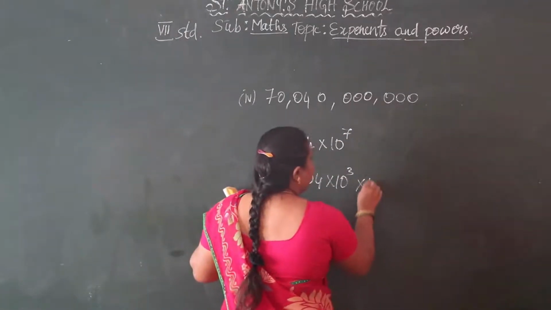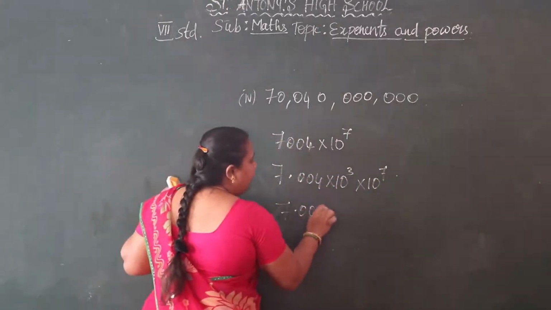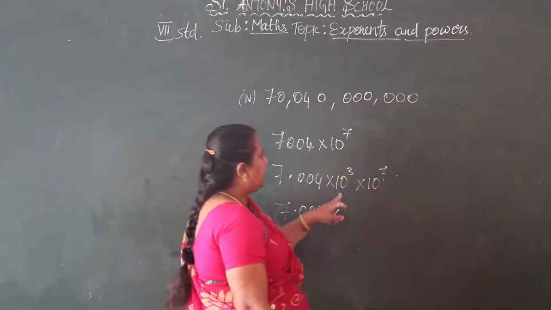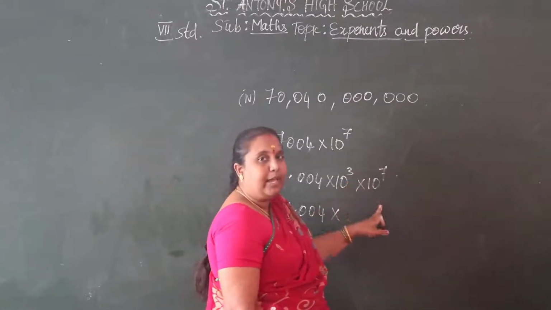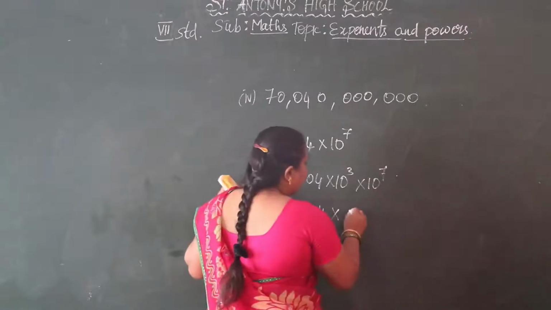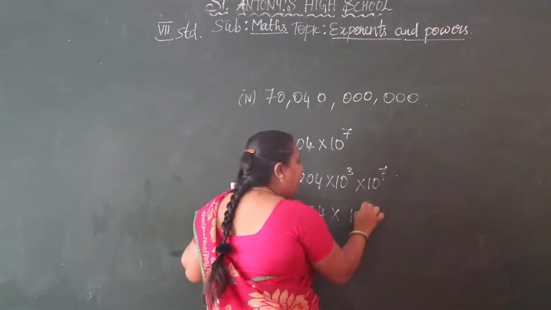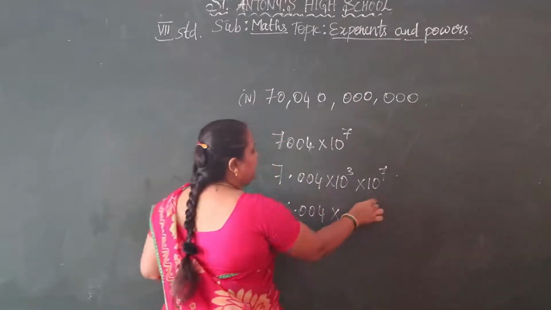So for that we have to write 10 to the power of 7. So 7.004 into this. We have to use a to the power m into a to the power n, which is a to the power m plus n. So 3 plus 7 is 10. Now we have the short form.